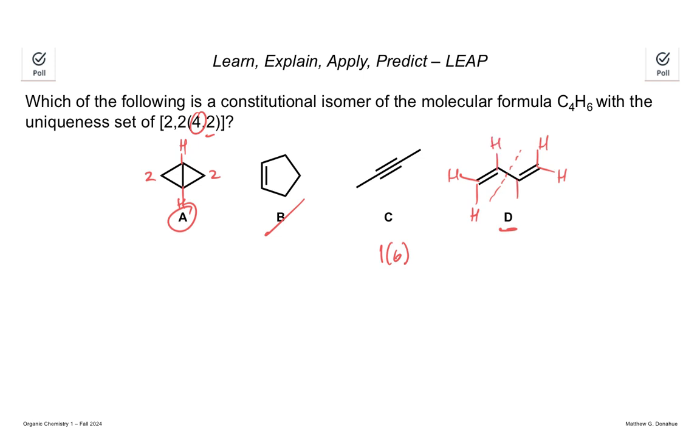These H's would be 2. So that's not a very good question in a sense. There's something about D that makes it a little different. I don't want to explain it now, but I won't dig the hole any deeper than I'm in right now.